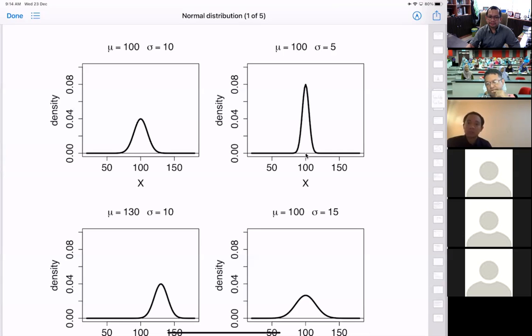Although the mean is the same, when we reduce the variation, the peak is increased, meaning the density is increased. So it means that the data is very good data. It's not rough data. Statisticians assume when we have a lot of data, the data is normal. But in real practice, the data is not necessarily normal.